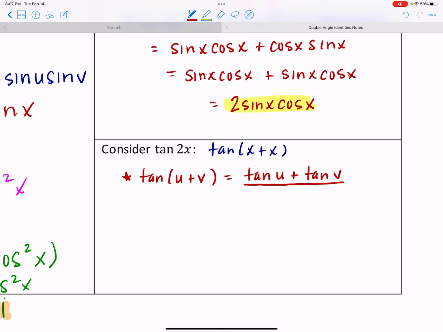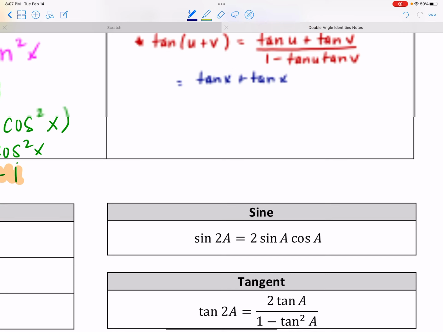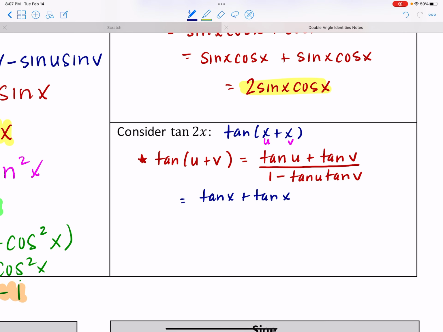On the bottom of the fraction, it's going to be 1 minus tangent of u, tangent of v. So in this case, again, we're going to be swapping out u and v with x and x. And so we're going to be looking at the tangent of x plus the tangent of x. Good, so I make sure I got the formula right.